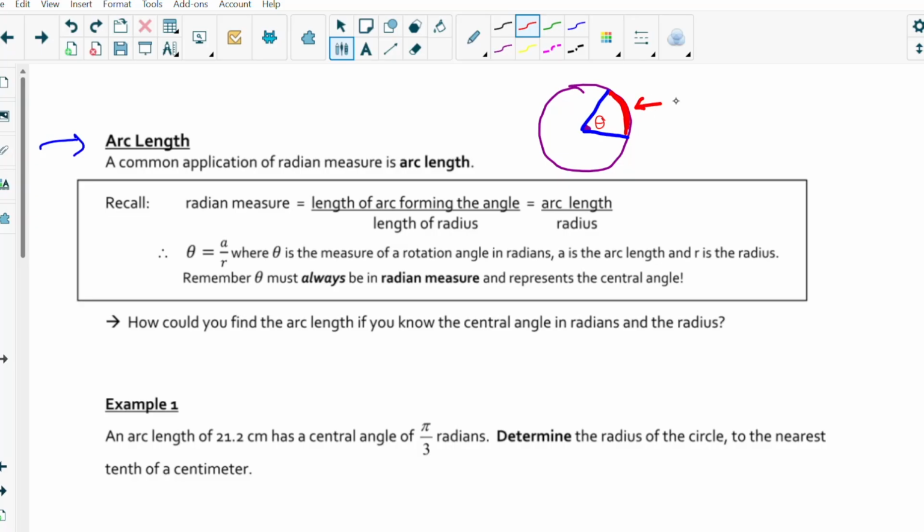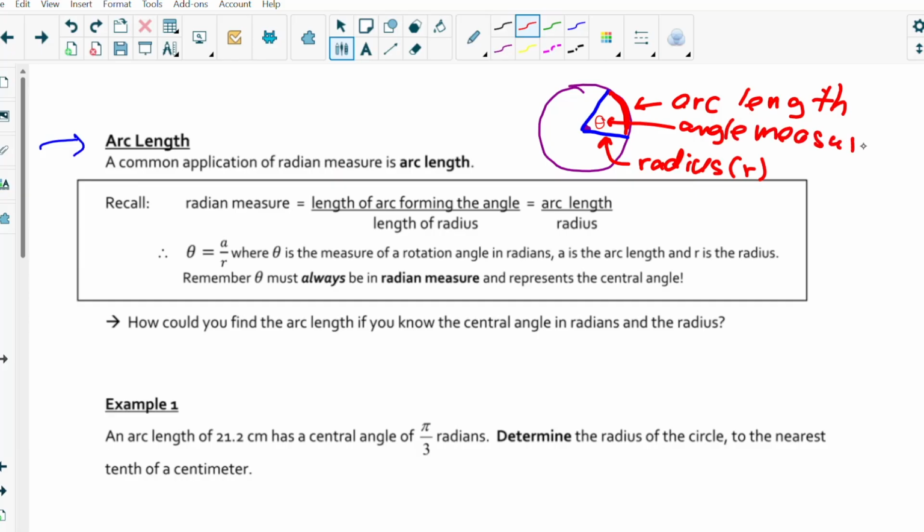This is my arc length. This is my radius r. And this is my angle measure in radians. Okay, here's the formula.